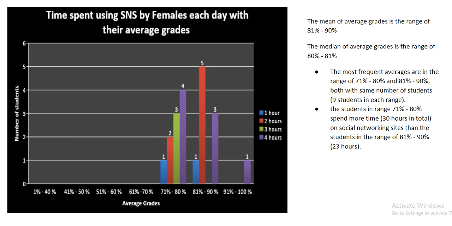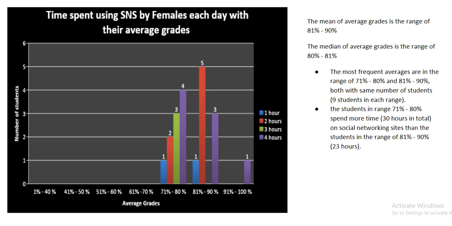Based on the data that was collected, the mean of the average grades is in the range of 81% to 90% for females who use social networking sites on a daily basis.